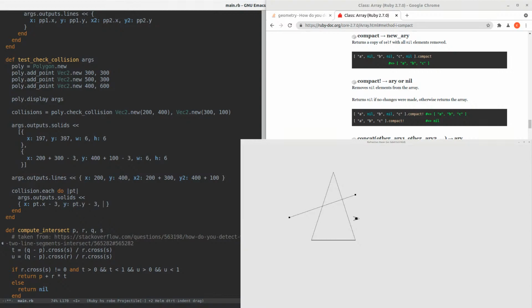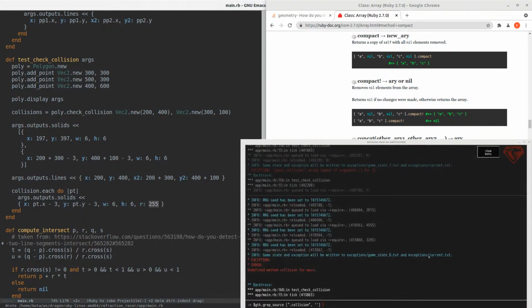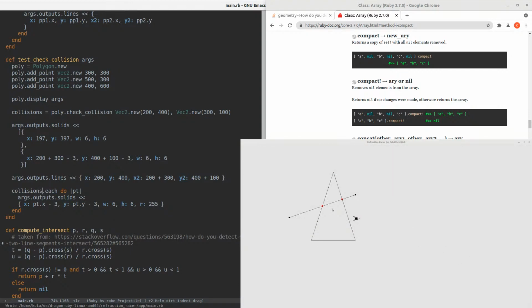But I guess render targets are no worse than sprites, so that's fine. Solids width of 6, height of 6, and we'll make this red. And there's an undefined method collision for main collisions. And now we have our intersection points, right? So that's kind of nice.